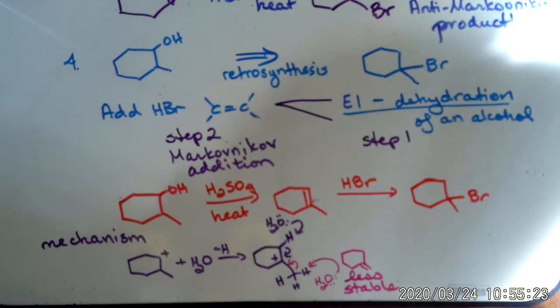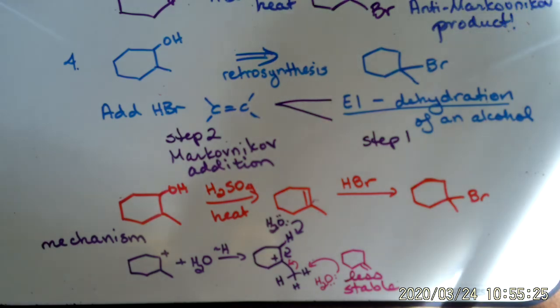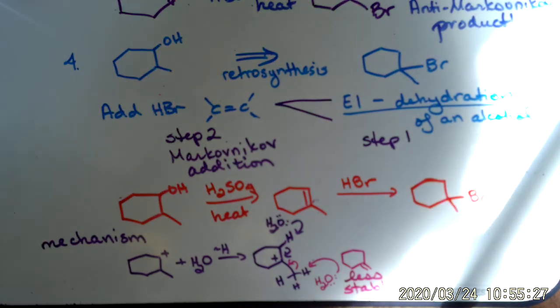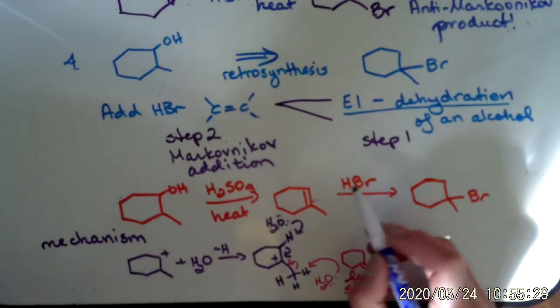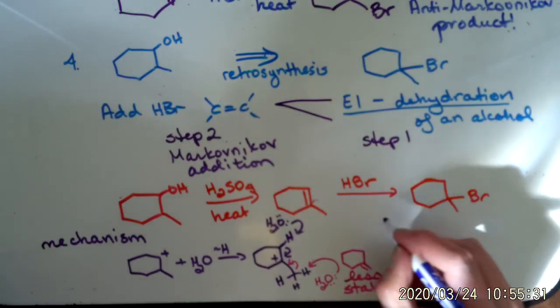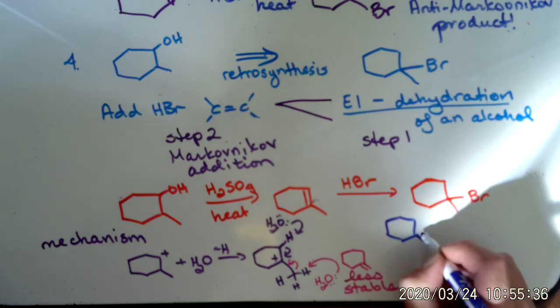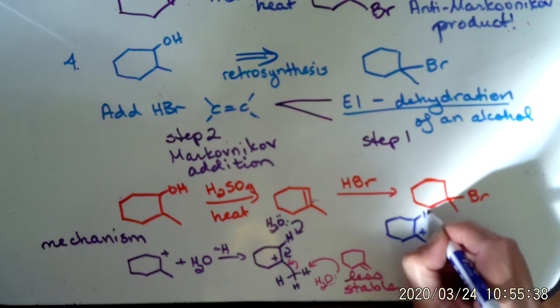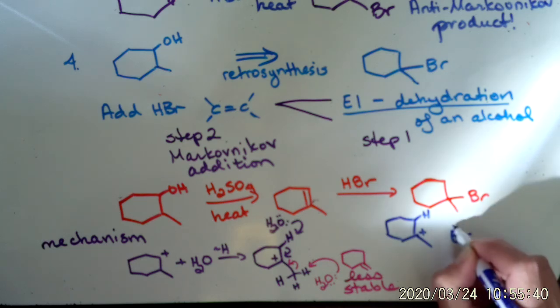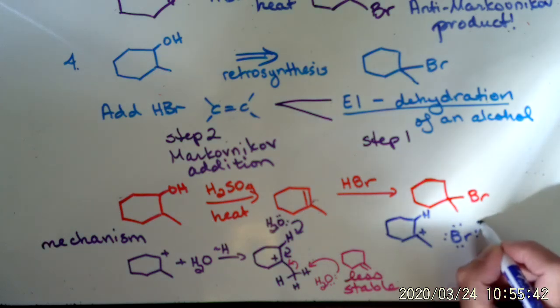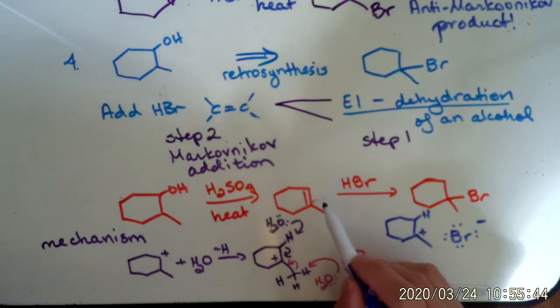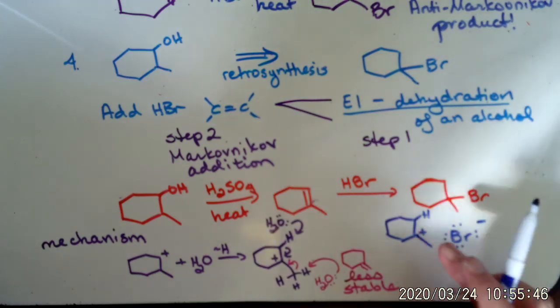Okay? And now we go to, in blue, let's take a look here. When I add HBr, if I add H here, you're going to form a tertiary carbocation, which is more stable than your secondary. If I add H here, then I'd form a secondary.